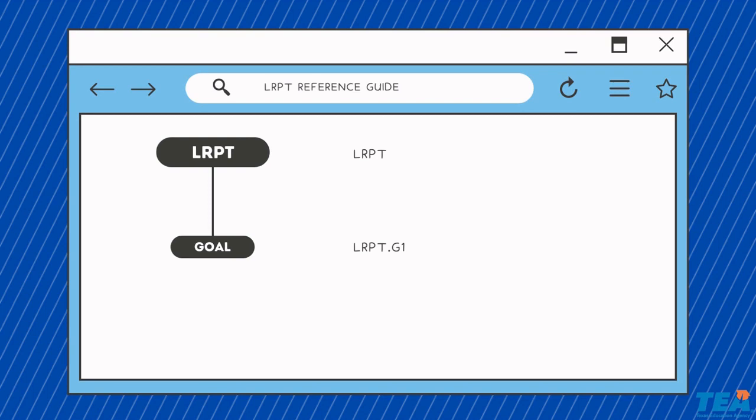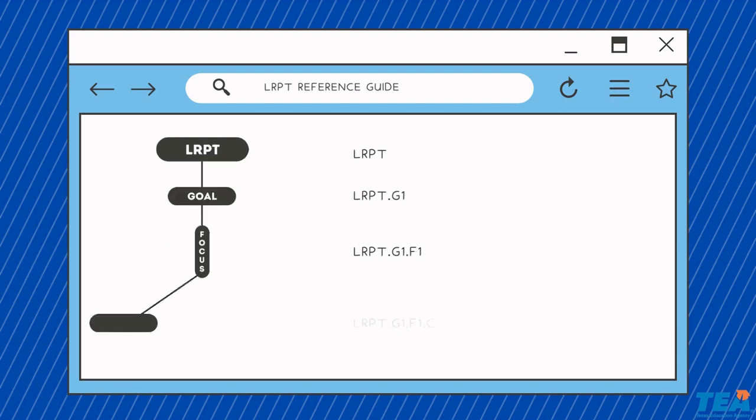Next, you will see the strategic goal listed as G, followed by the goal number 1 through 6. Then, the focus area will be highlighted as F, followed by the focus number within the strategic goal, 1 through 3.